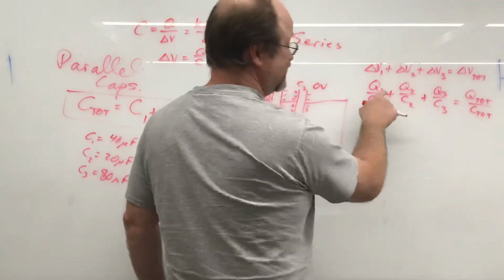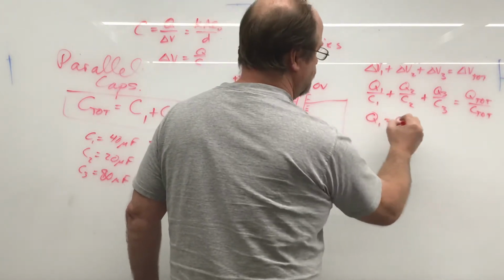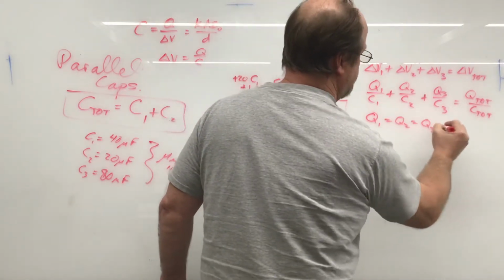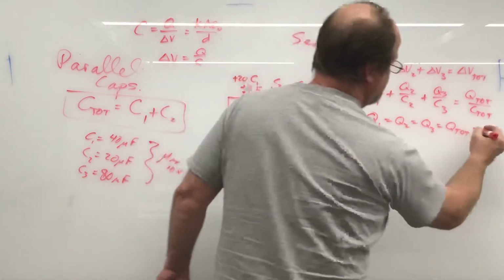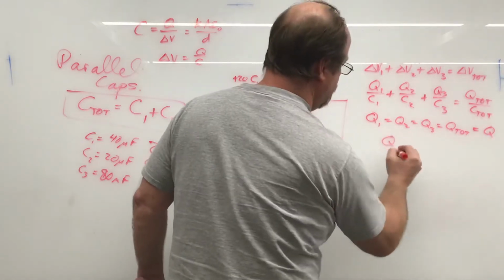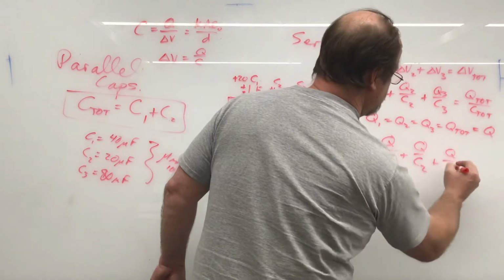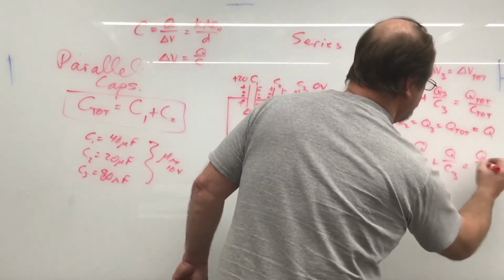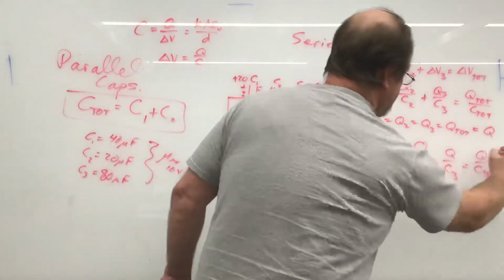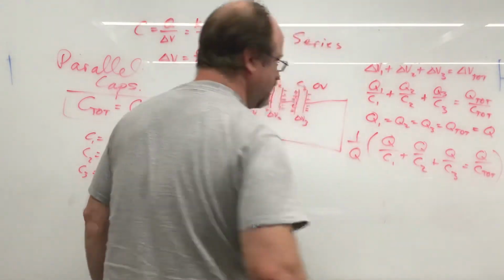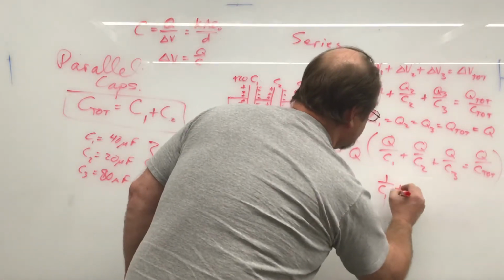So if instead of calling these Q1, Q2, Q3, we acknowledge that those are all equal, then we can just call them all Q. And if we have Q over C1 plus Q over C2 plus Q over C3 equals Q over C total, we can take this, multiply the whole thing by 1 over Q, or divide by Q, however you want to look at it, and we will end up with this relationship.